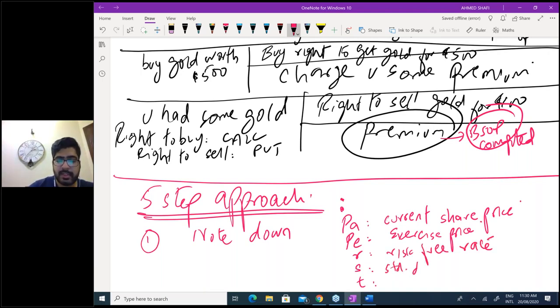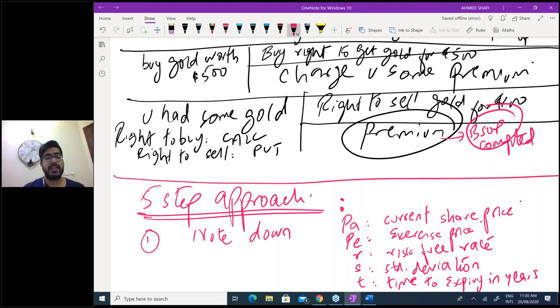S is the standard deviation. And T is the time to expiry in years. Remember, the formula states that time to expiry must be in years. So if you are given 6 months time to expiry, you should not take 6 months, it's 0.5 years. If you are given 9 months time to expiry, don't take that, take 0.75 years, okay?